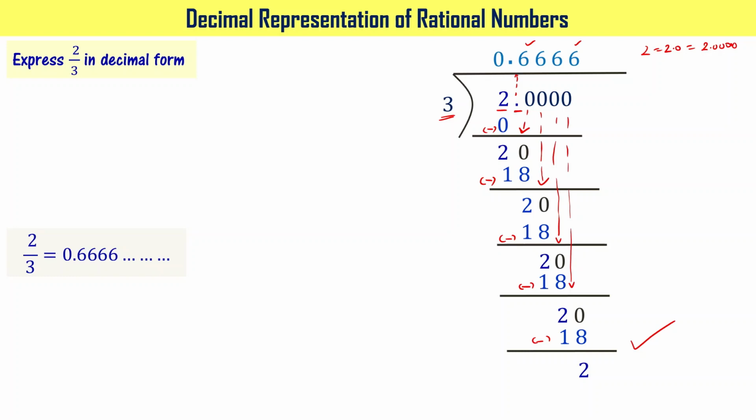This can be represented in a short form as 2 by 3 equal to 0.6 with an over bar on 6, right? Because 6 is the number which is repeating multiple times. We write an over bar on the number 6. Got it?